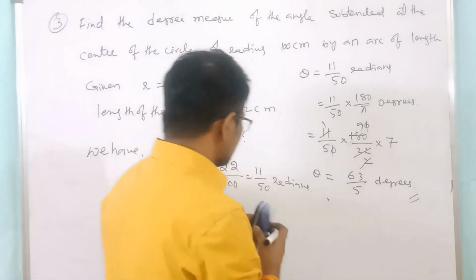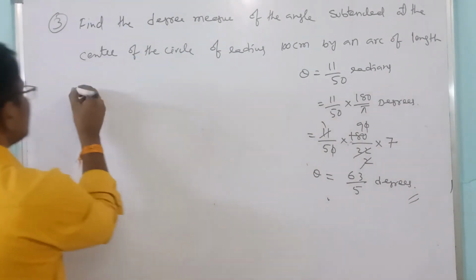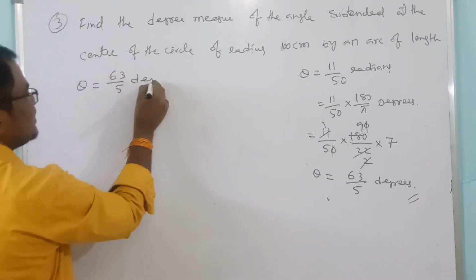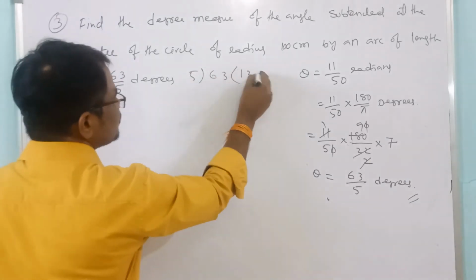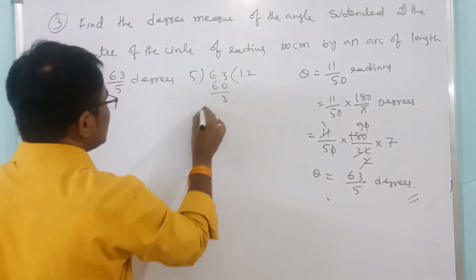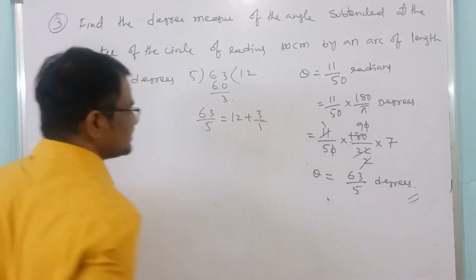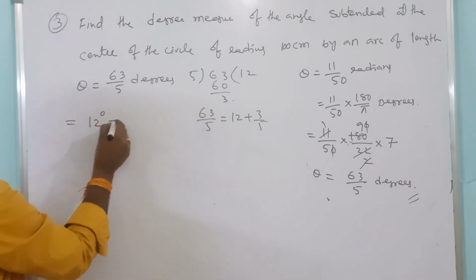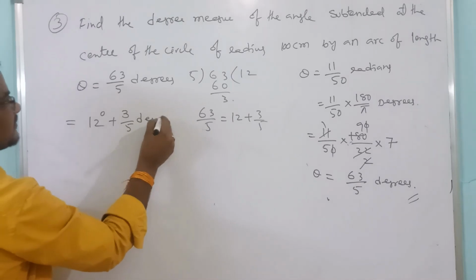Right? Again you can simplify this one. Theta equal to 63 by 5 degrees. Divide 63 by 5. How many times? 12 times, 60, remainder is 3. Now 63 by 5, how to write? 12 plus 3 by 5, right? Now that is equal to 12 degrees plus 3 by 5 degrees.